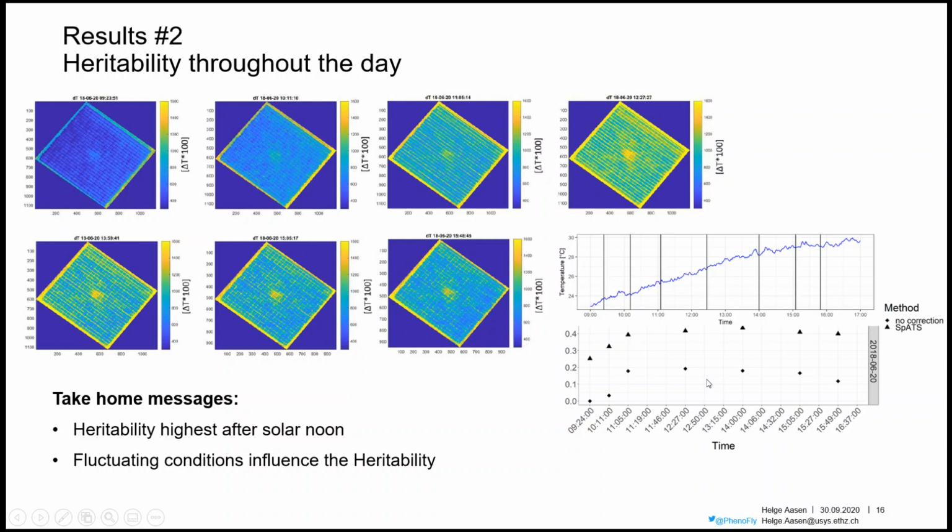Another thing which we can see is that if you compare the heritability values without any special correction, these are the stars down here, then we have a very low heritability, and the heritability increases significantly if we go up, if we use the special correction algorithm.